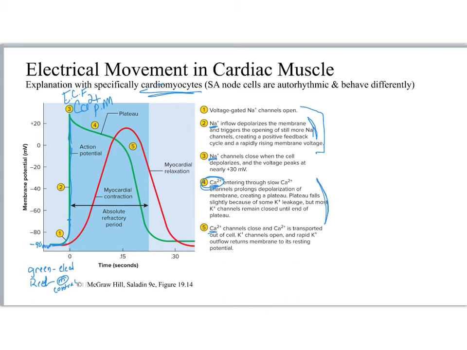So it opens up these gates, which allow a ton of calcium that is in the SR, sarcoplasmic reticulum, to be released. That is the same thing as endoplasmic reticulum, except inside the muscle cell.